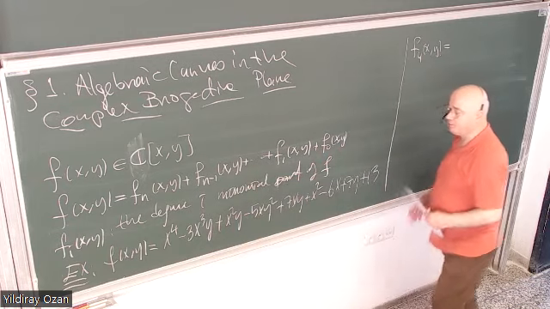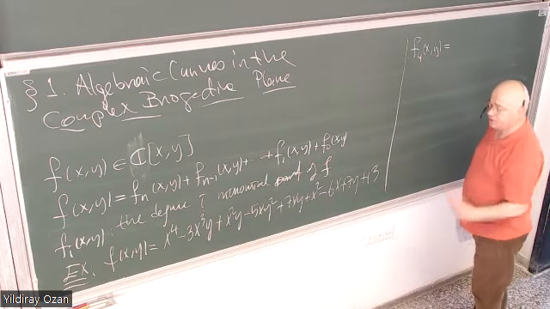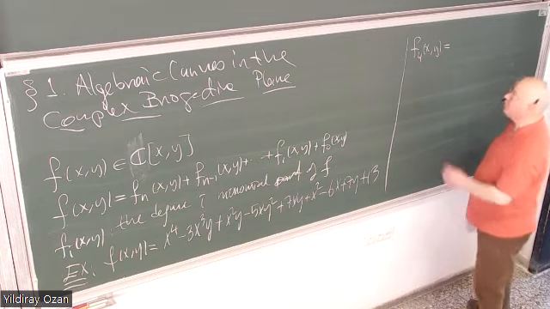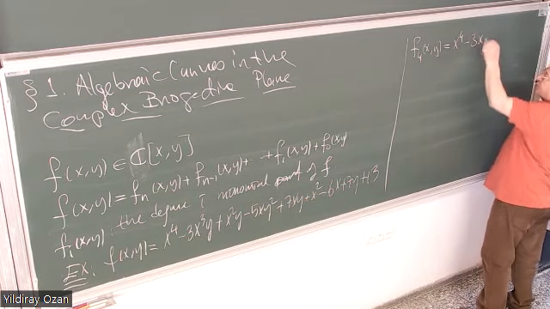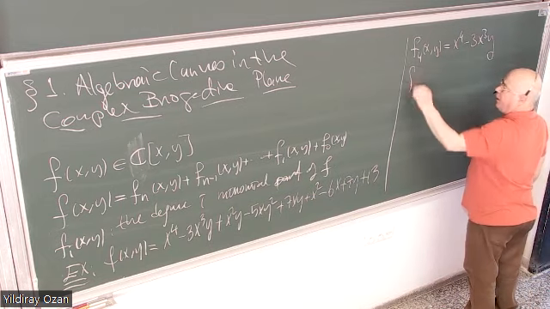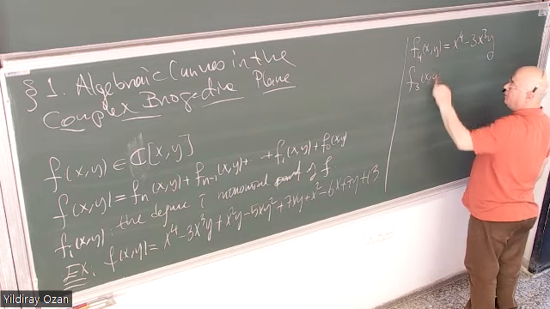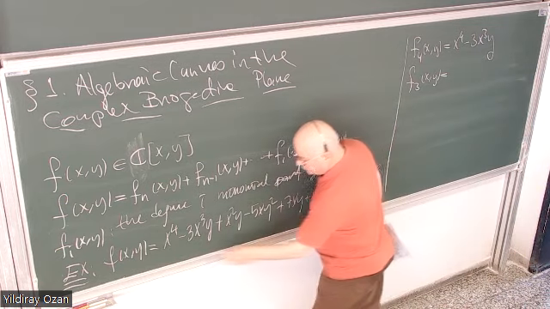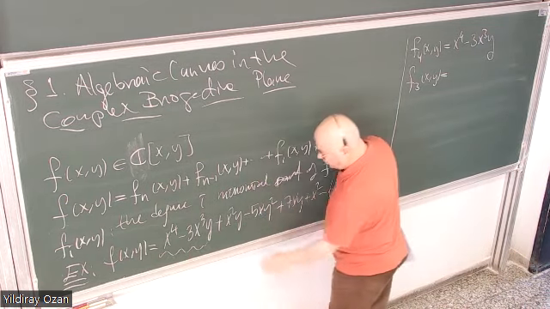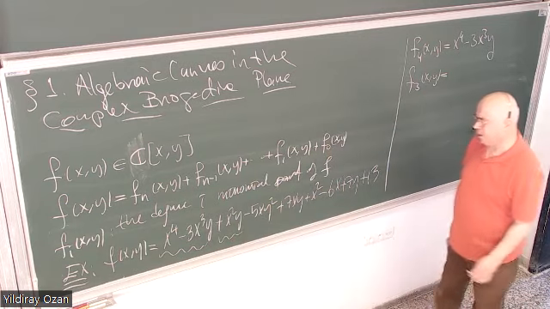So you just add the degrees, so it's degree 4. So this is x4 minus 3x cubed y. f3(x,y), degree 3.